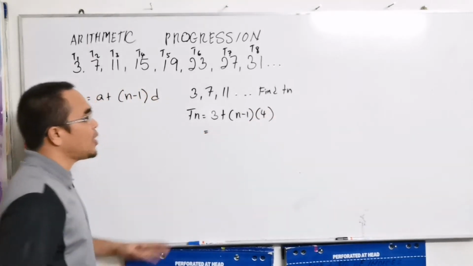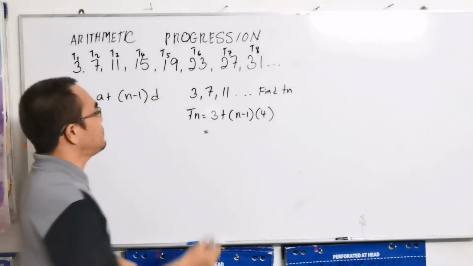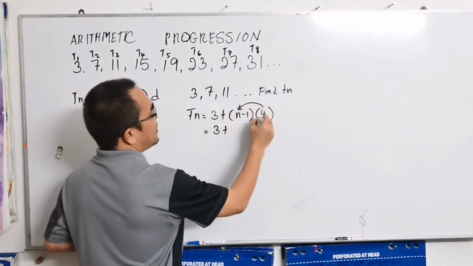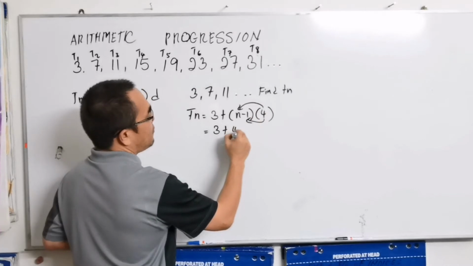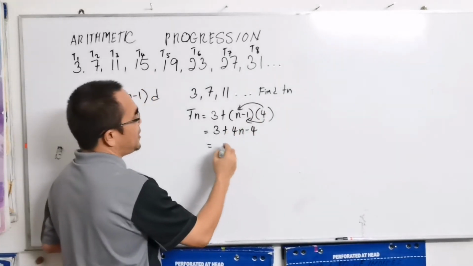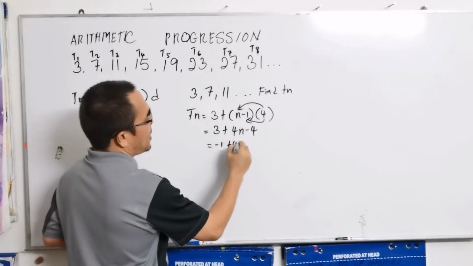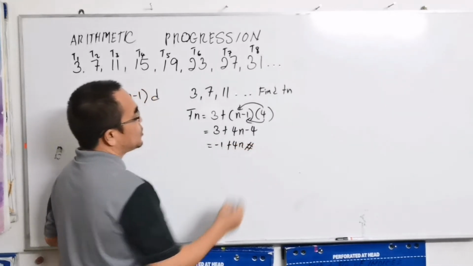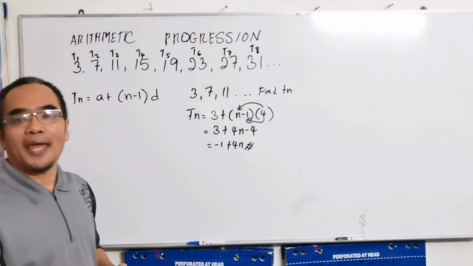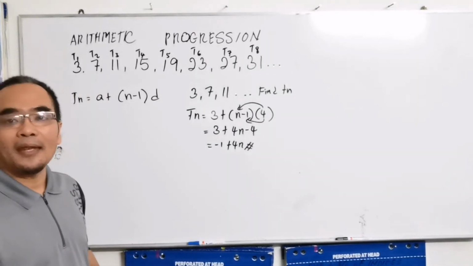In this case, we have to expand the bracket. So 3 plus 4 times n and 4 times negative 1, you get 4n minus 4. Then 3 minus 4 will be negative 1 plus 4n.